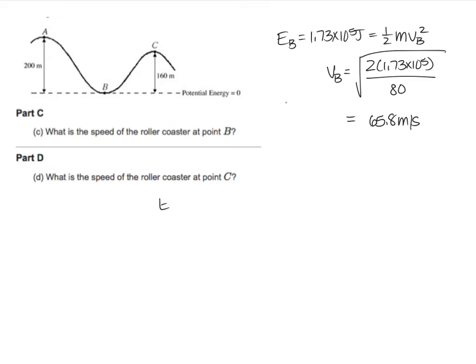Finally, the speed at point C, the energy at C is equal to that it had at B and at A because energy is conserved. But at C, it has some potential and it has some kinetic. So the energy is mgy_C plus 1/2 mv_C squared. So we can solve for the speed there.